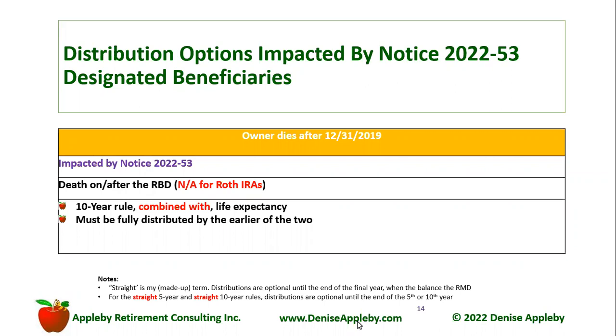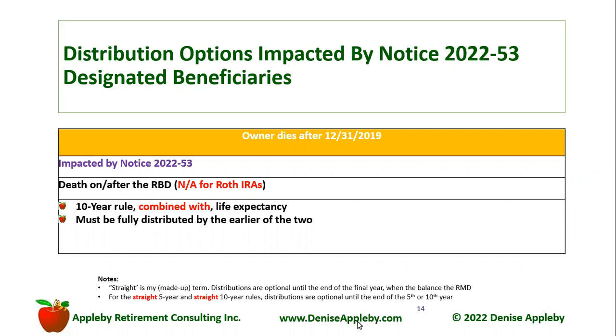That's what I was talking about when I said the stretch is not really dead, because it depends on who we're talking about. So owner died before 2020, beneficiary died before 2020, and beneficiary was taking distributions over their life expectancy. Then the successor beneficiary continues that stretch over the original beneficiary's life expectancy.